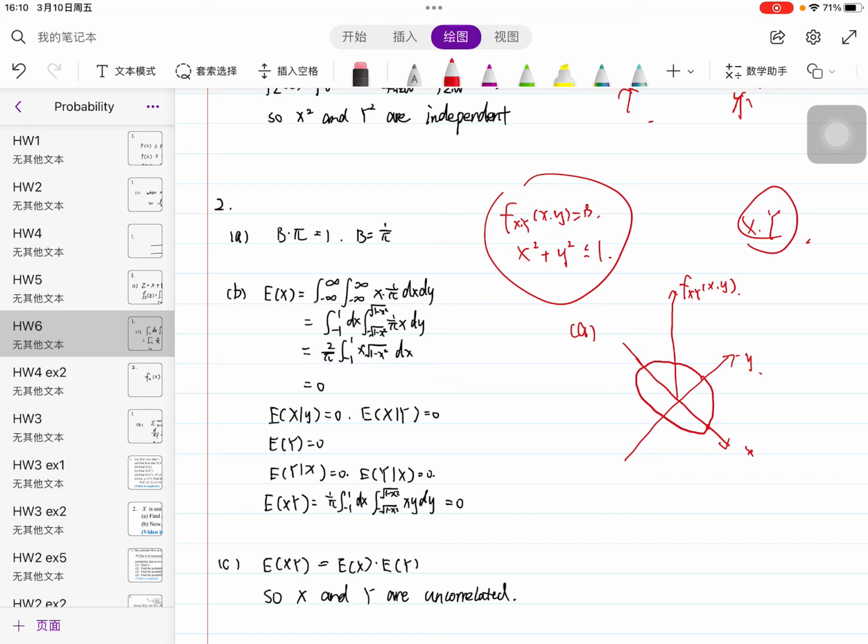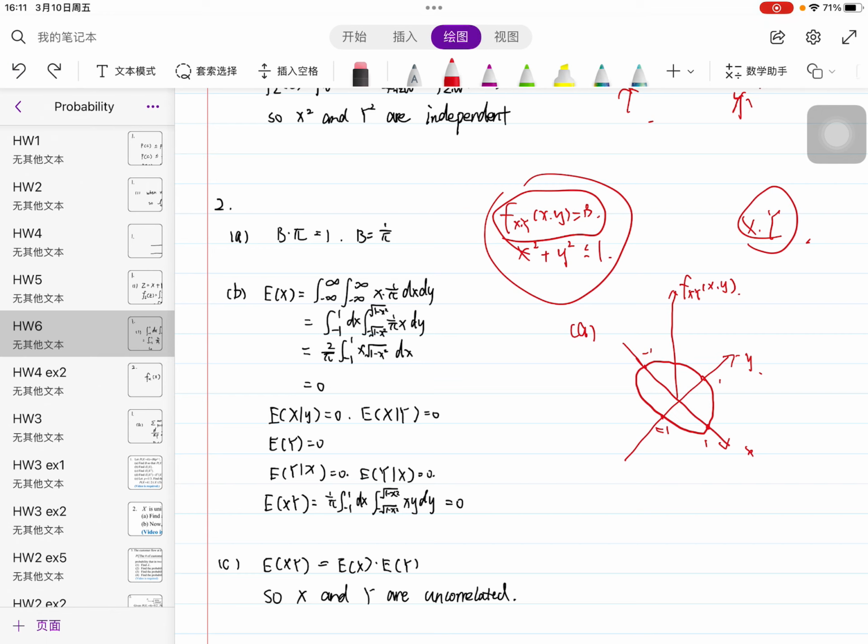And the radius of this circle is 1, so here is -1, -1 here, and the joint density function is always equal to a specific value, so there should be another circle here.